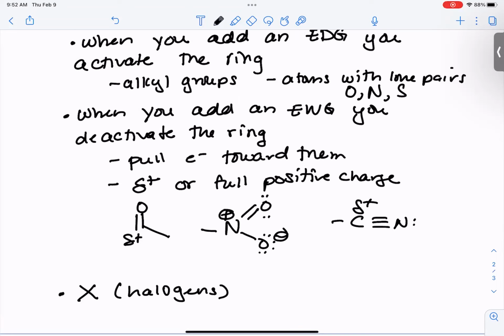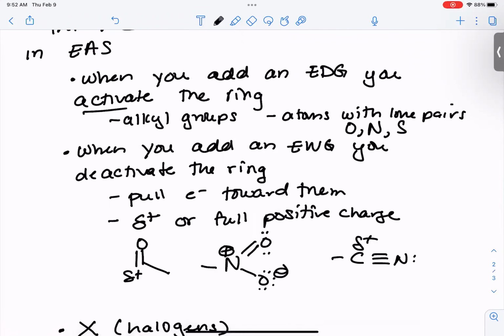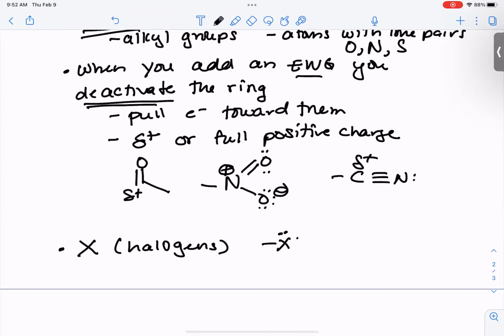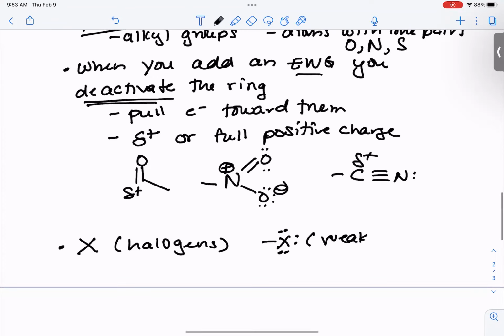So your electron donating groups are activating. Your electron withdrawing groups are deactivating. Your halogens, and I've said this to some of you who have come to see me for office hours, you have these lone pairs on your halogens. So your halogens are actually weakly electron donating groups because of the lone pairs there.